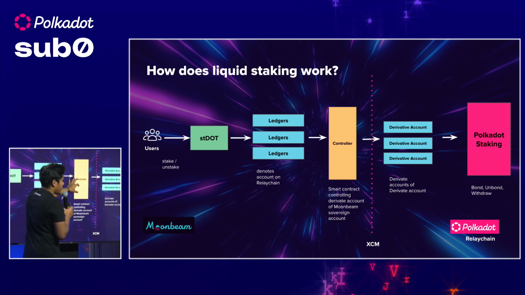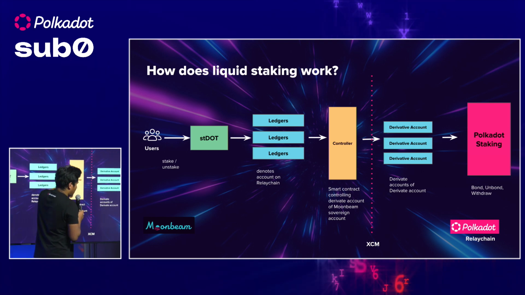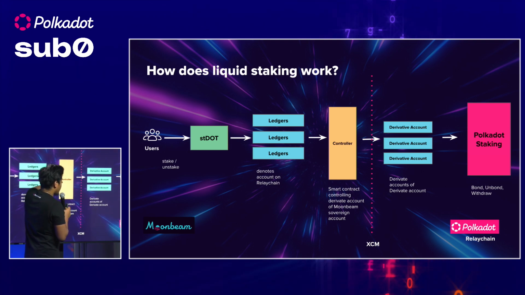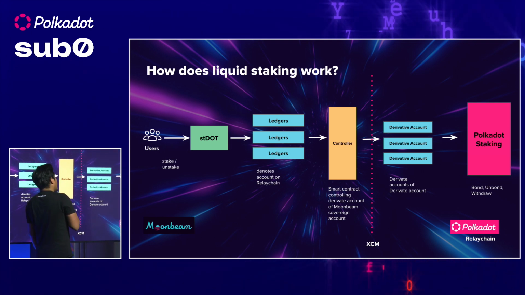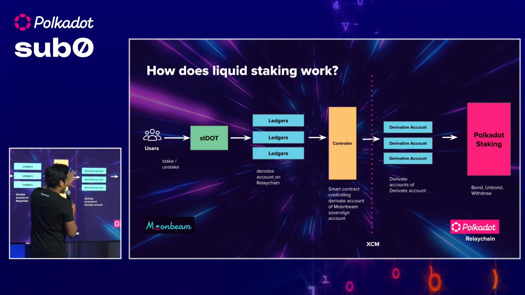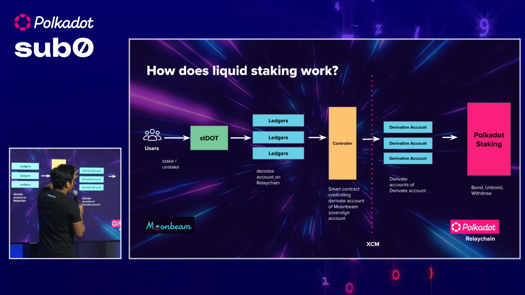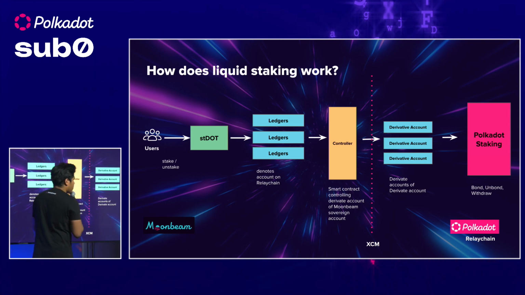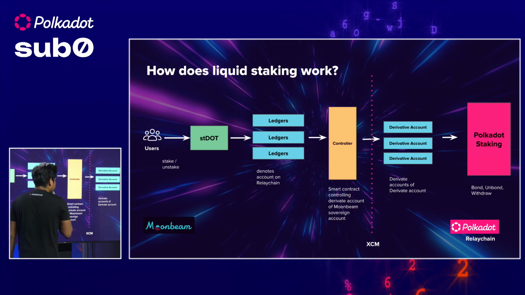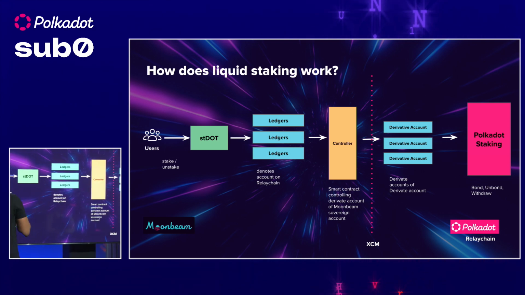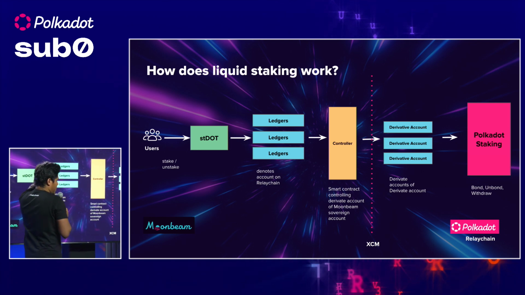So there's a unified accounting control there: the controller pushes the XCM messages through, and all the balances and calls are derived on the derivative accounts, which then stake or unstake depending on the message from the controller. So that's how, on a high level, liquid staking works on stDOT.